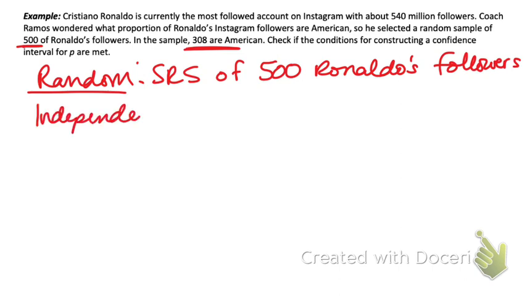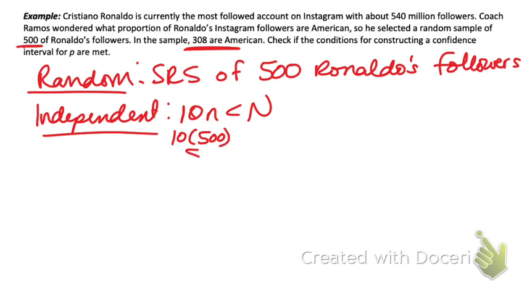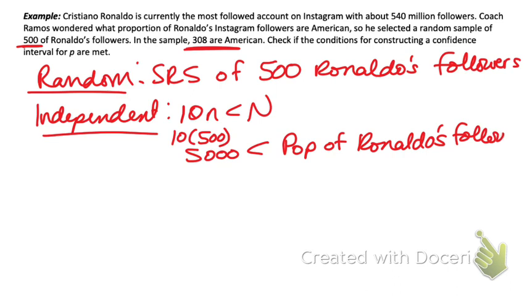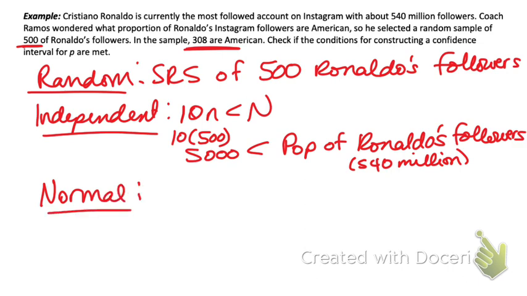Independent, we want to make sure that we didn't take too big of a sample. 10 times the sample size has to be less than the population. 10 times 500 is 5,000, and that is less than the population of Ronaldo's followers, which happens to be 540 million. So I think we have pretty good variability in our sample because we did not take anywhere close to 10% of that population. And now we're going to check to make sure we have a normal distribution for our sample proportion.